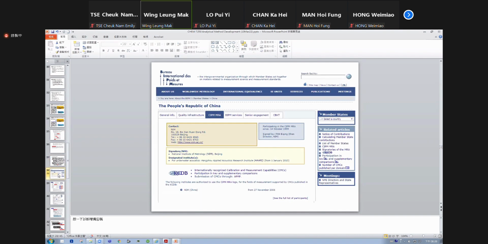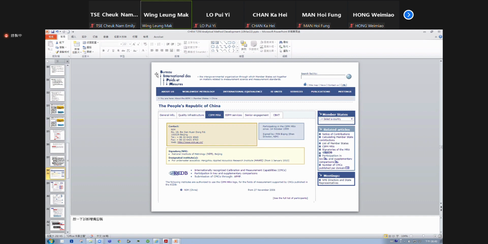In China, we have the NMI, and also we need to recognize the name. If you purchase the CRM or the reference material, you need to trace back whether it is a valid supplier. This line gives you the information.